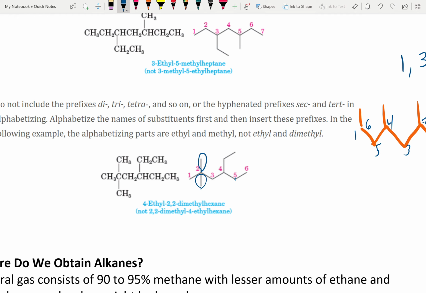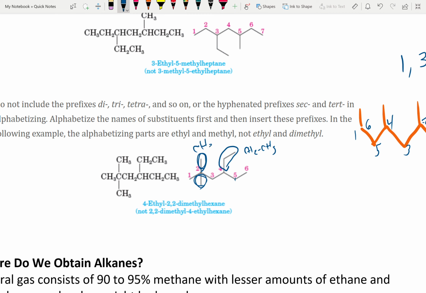And then at 4, we have an ethyl. Oh, sorry, these are our methyl groups. I confused myself. And this is our ethyl because we have a CH2, CH3.